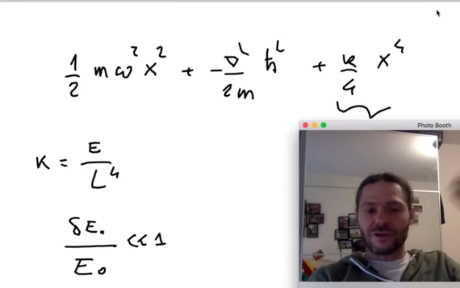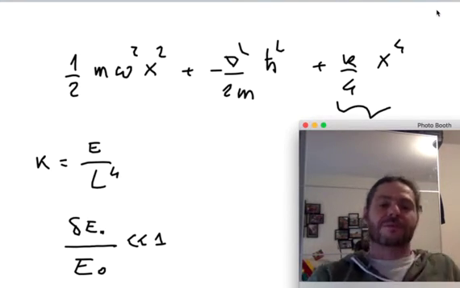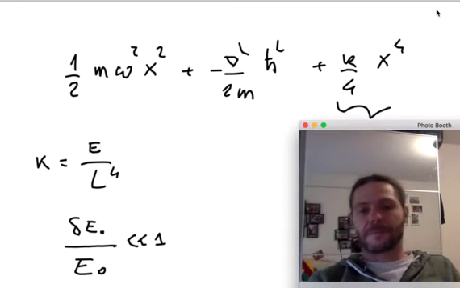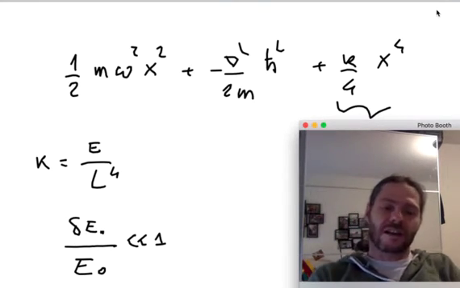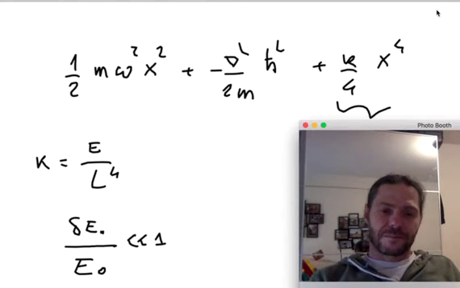So typically, you do your calculation, get your result, and then compare the perturbed and unperturbed result. And as long as your perturbation corrections are small compared to the unperturbed result, then you're happy and you declare that your perturbation theory works.